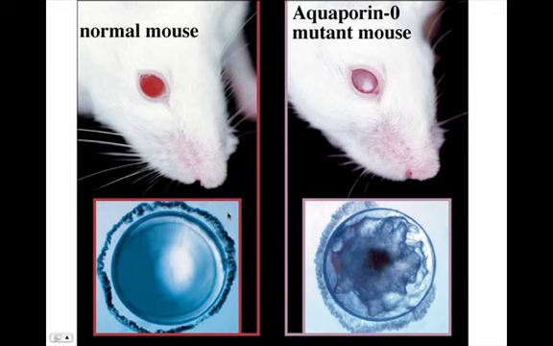Okay, here's an example. Here's a mouse that has a mutation in an aquaporin gene, and when it grows up, it gets cataracts. Now, this is not the cause of cataracts or all cataracts in people, but is an example of a congenital, that means inherited, cataracts that formed in mice.